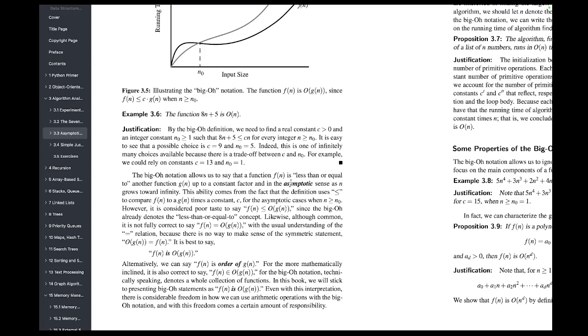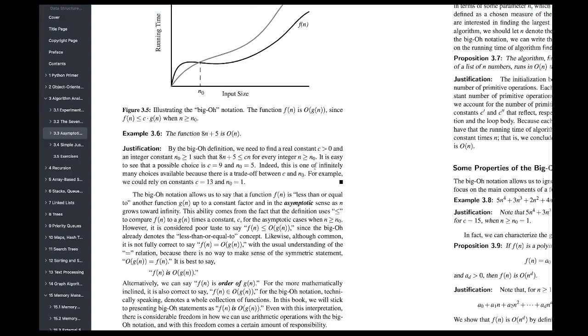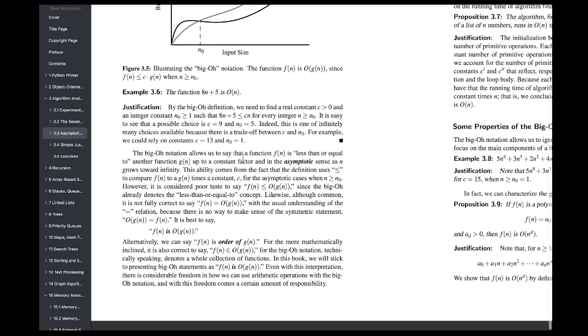Okay. So after any starting point n naught, if for every integer n after that, 8n plus 5 is smaller than or equal to c, some constant, times n, then that function is O of n. Oh, so we're basically just trying to bound the function under another one of the other functions. Okay. Oh, it says it right here.